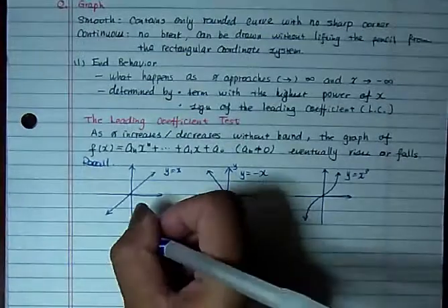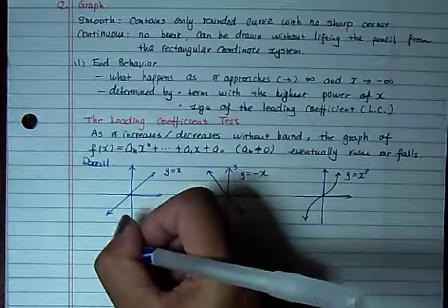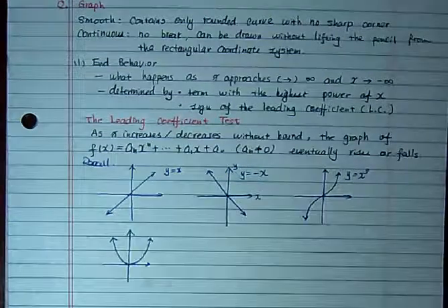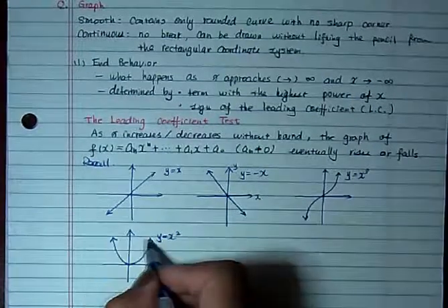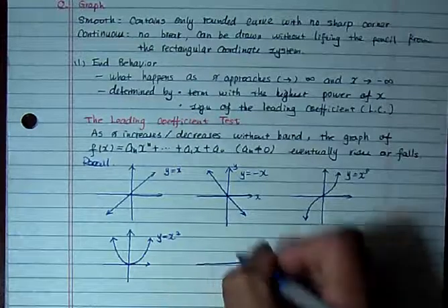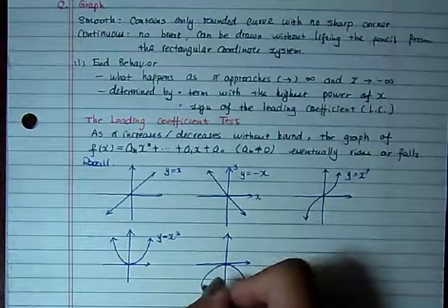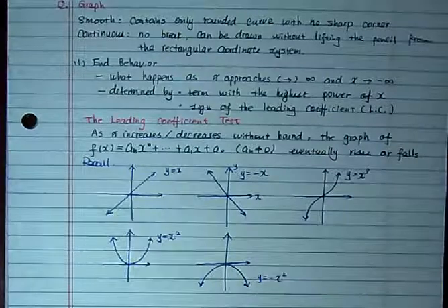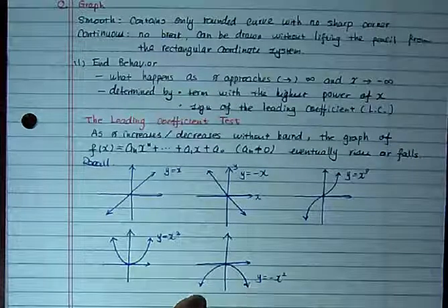From the quadratic functions we learned, when the leading coefficient is positive, the parabola opens upward. For instance, this is y = x squared, both sides rise up. And when the coefficient is negative, for instance y = -x squared, the parabola faces down.